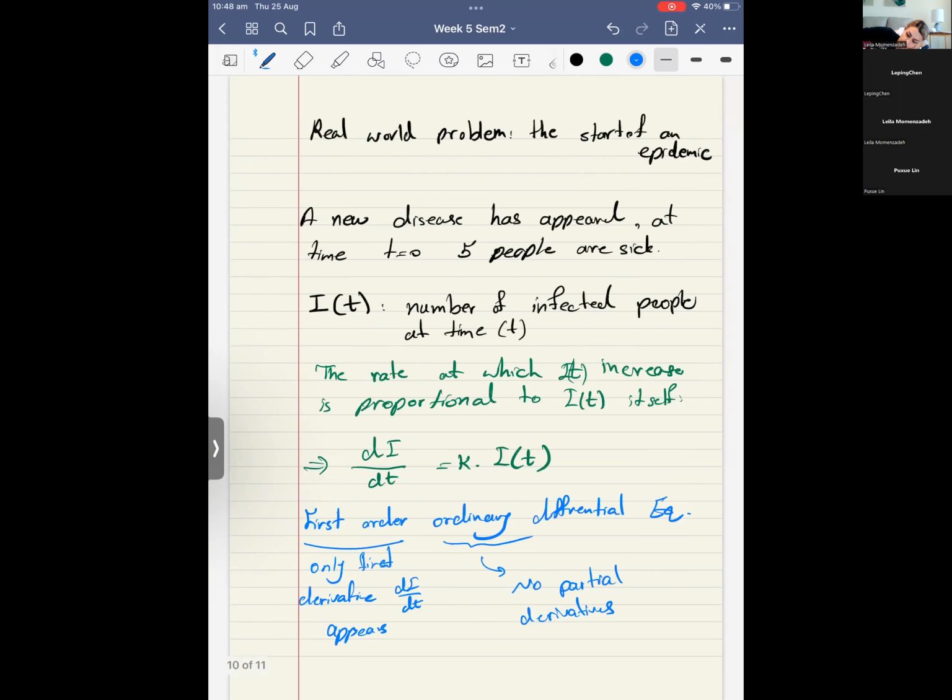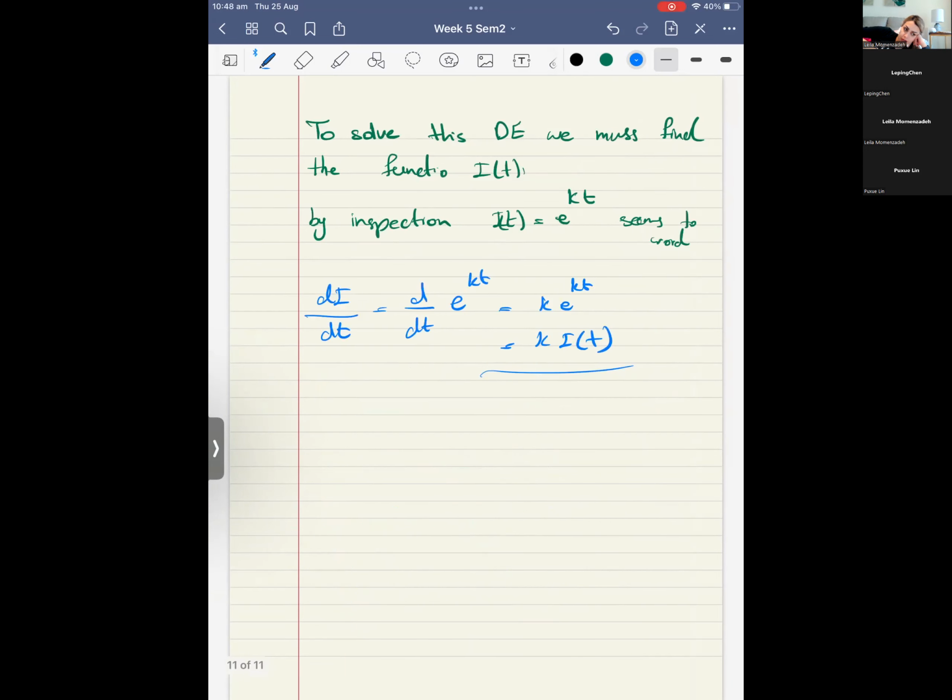This one is exactly the same, so this function works for this epidemic. Okay, and you know that at time 0 you have 5 people sick.